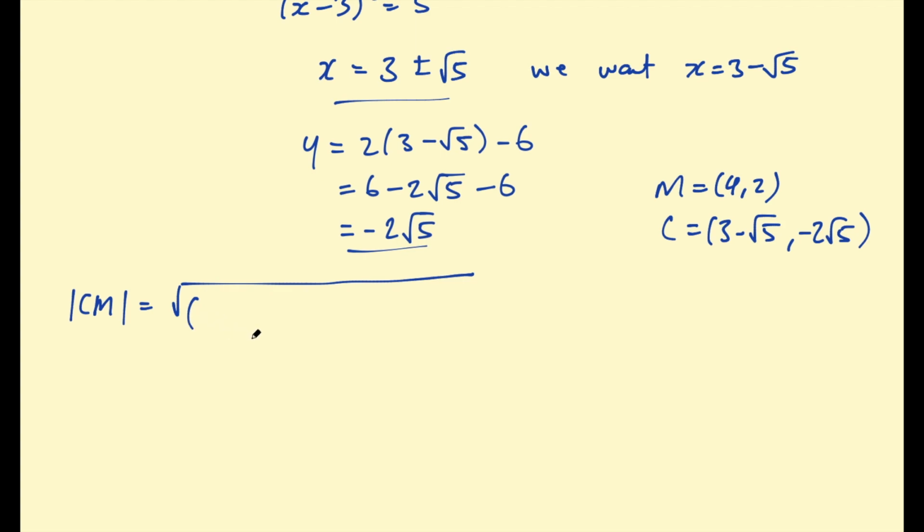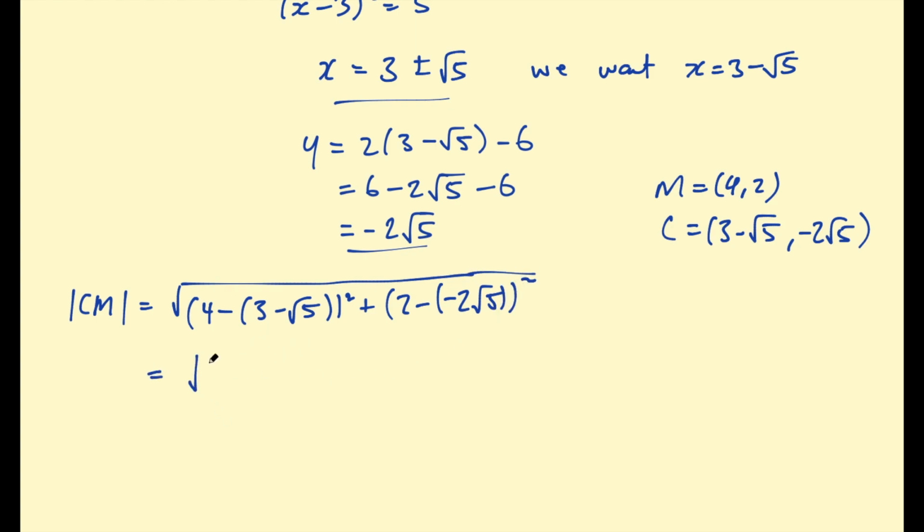So this is going to be 4 take 3 take root 5 all squared, plus 2 take negative 2 root 5 all squared.